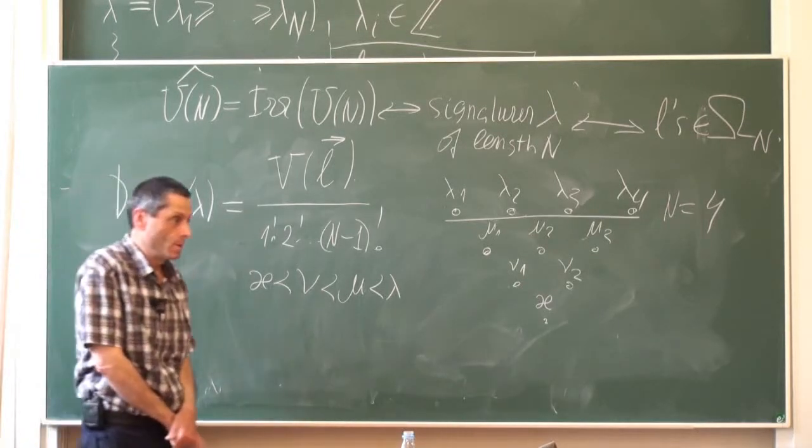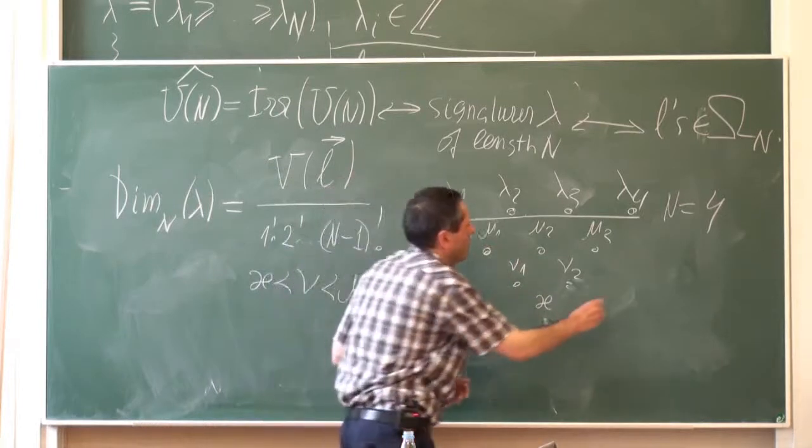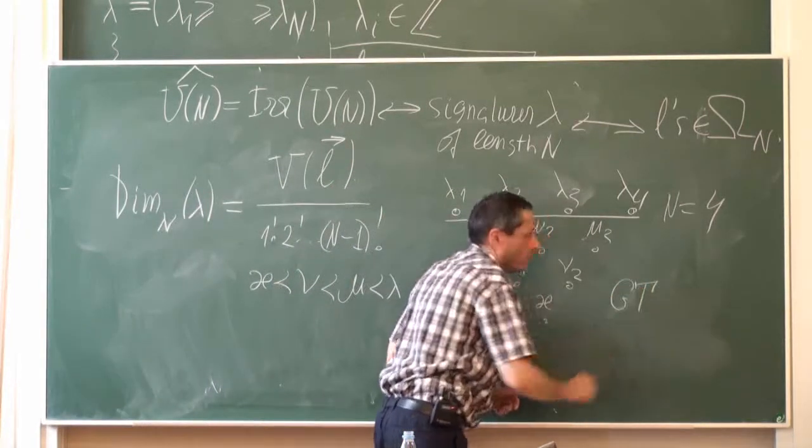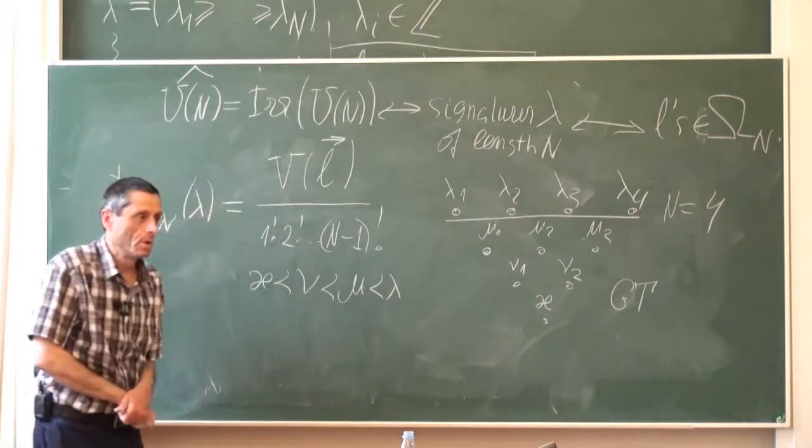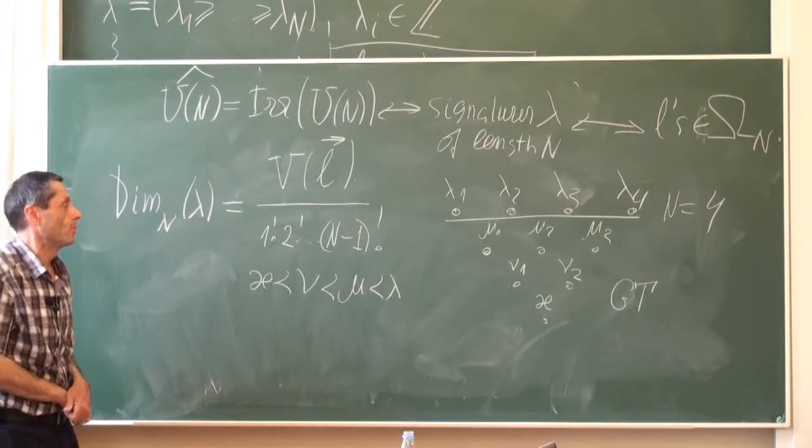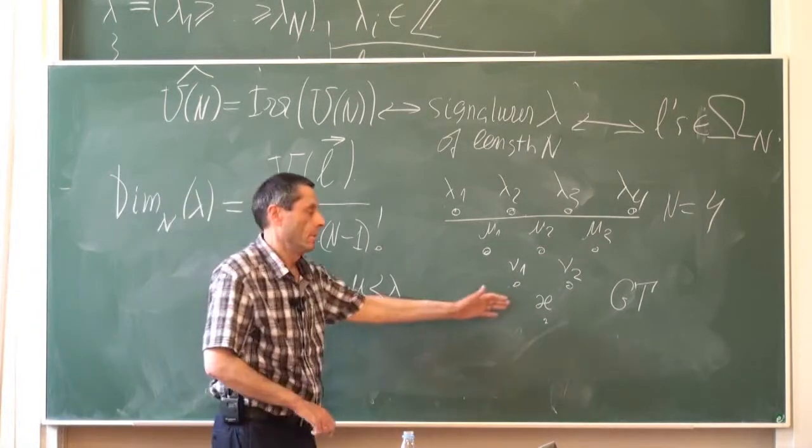This polytope is called the Gelfand-Tsetlin polytope. So the dimension is the number of integral points in this polytope.